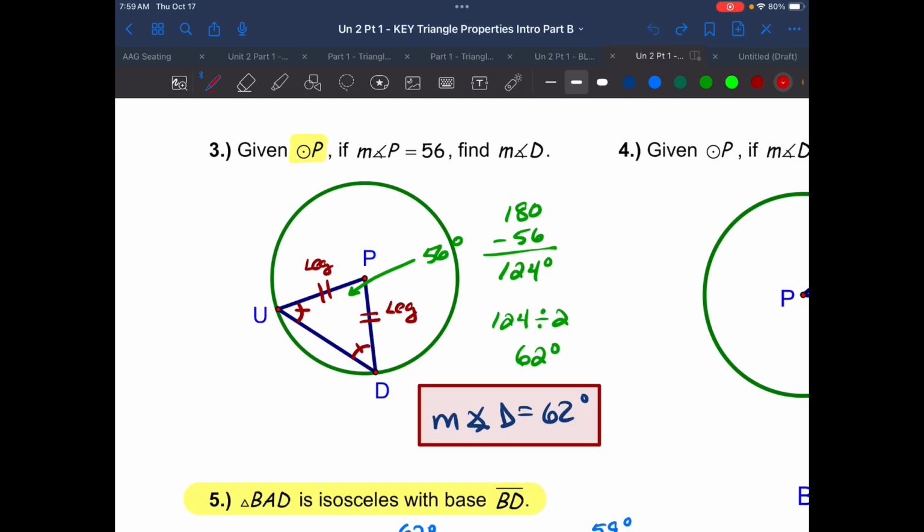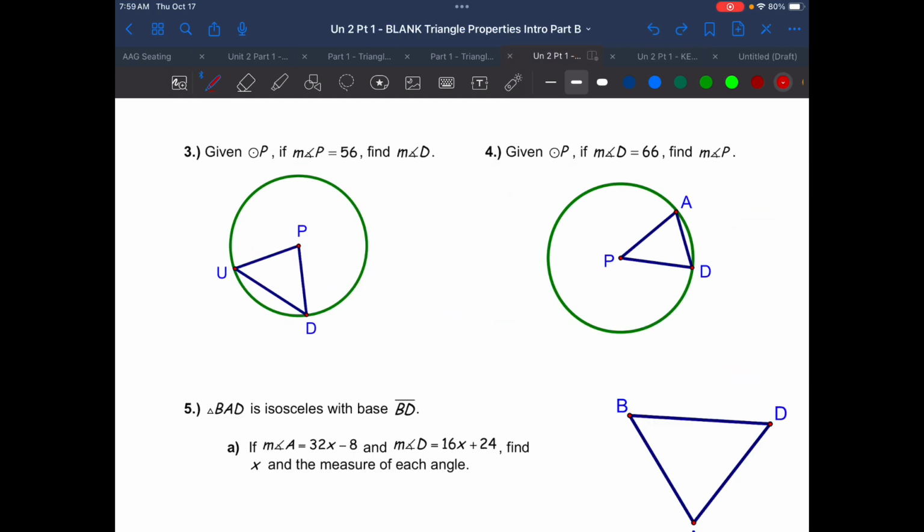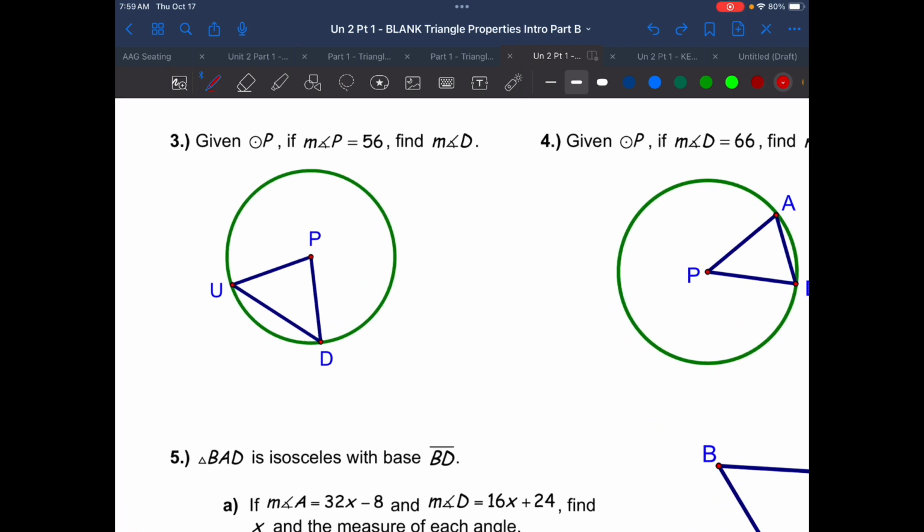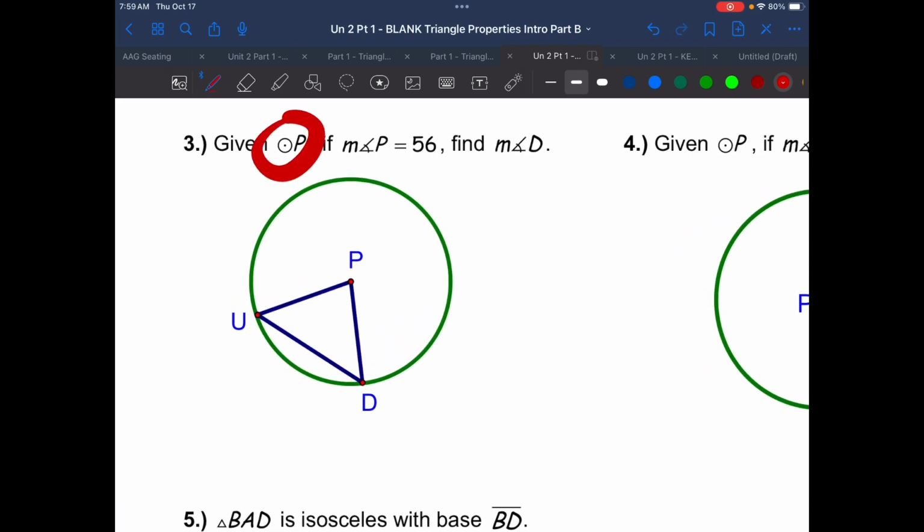So when we look at this diagram right here, they do tell me that we have circle P. So that means P is the center. Now I want to ask you, where are the two equal radii? So from the center to U, so from P to U, that should be the same as P to D, right? This is not a radius because it's not attached to the center.